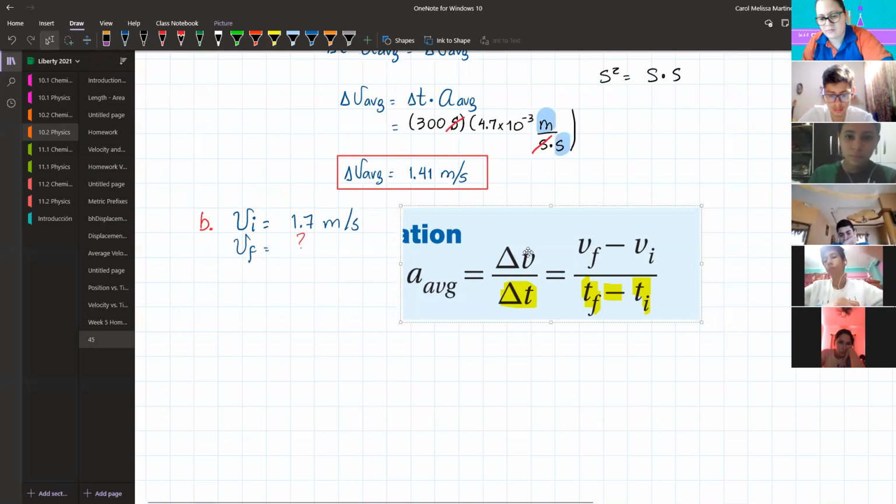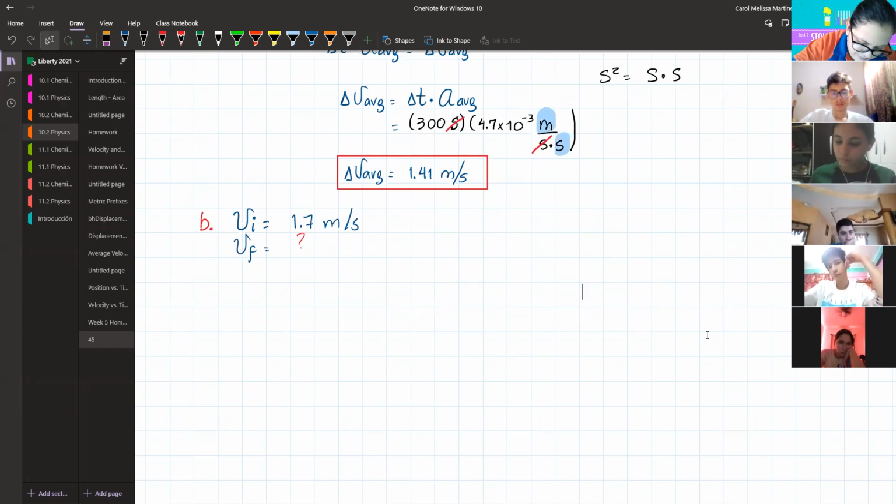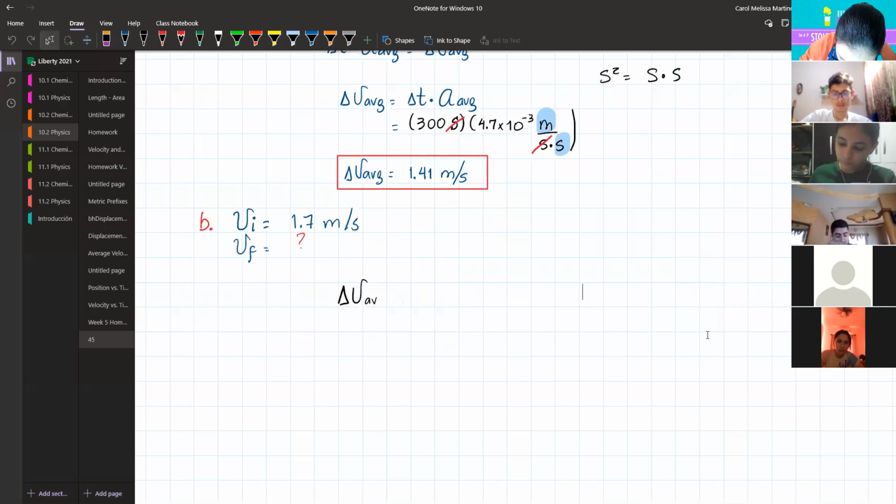So applying this, we know that the definition for delta V average is equal to the final condition of velocity minus the initial condition of velocity.